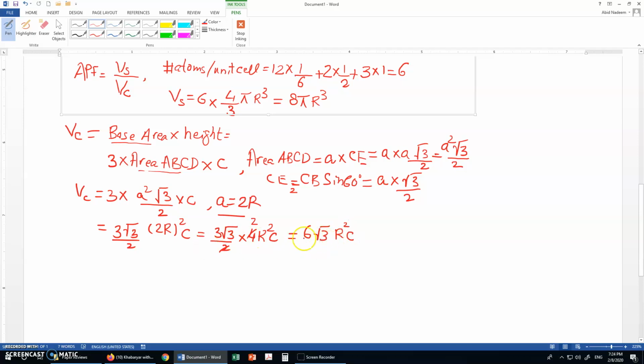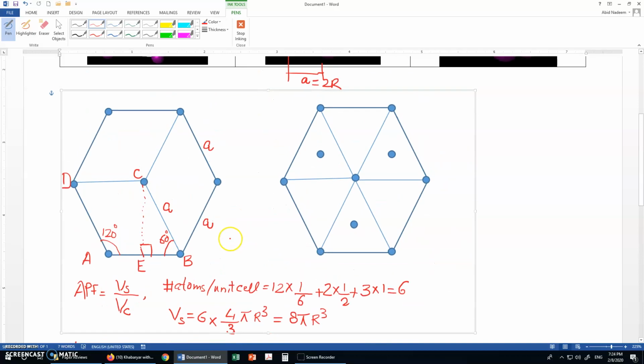Now we have to find the value of C in terms of R or in terms of A. For this we can consider this base. This is the outline of the base of this HCP structure. You can also see that you can divide this base into these 6 equilateral triangles, and we just take one equilateral triangle.